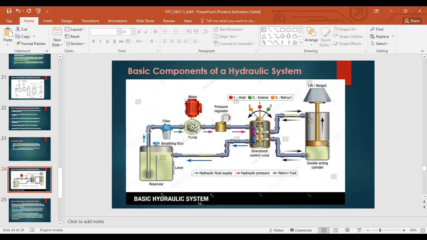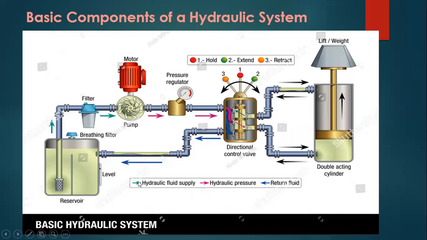So filter, pump, it takes in, and then you see that arrow, if you can observe, the initial arrow is with what color? Some sort of green color, we can say. So that's the hydraulic fluid supply. That is what you're taking from the reservoir.